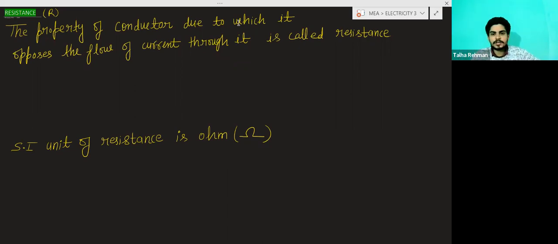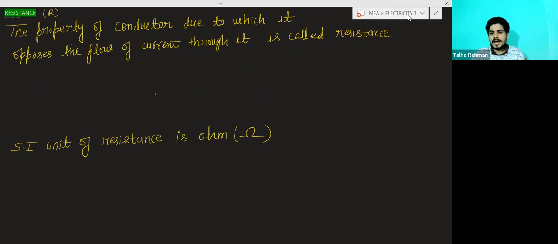We represent resistance with capital R. The more the resistance of the conductor, the less the current in the conductor. The SI unit of resistance is ohm, and the symbol of ohm is this. Remember this point.